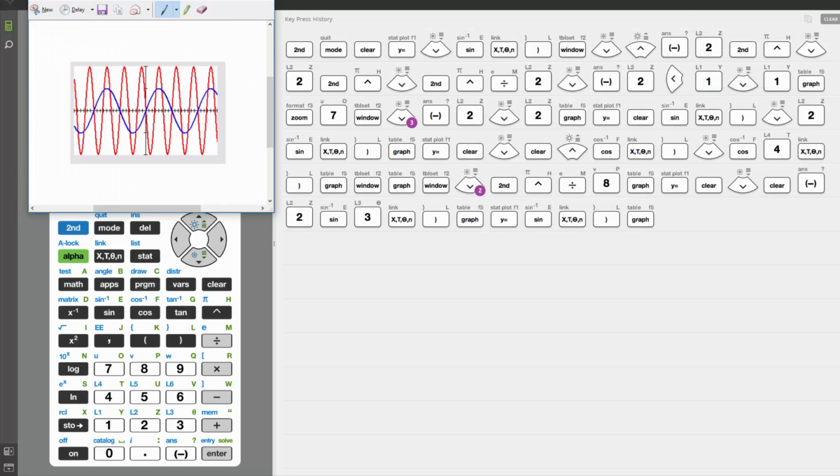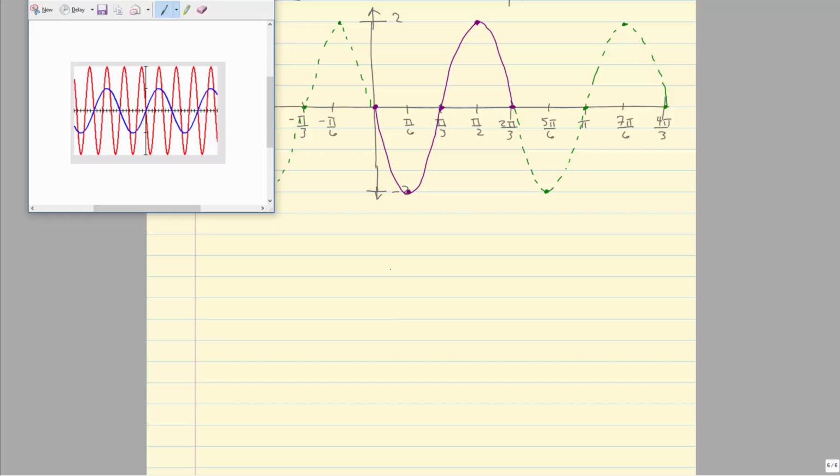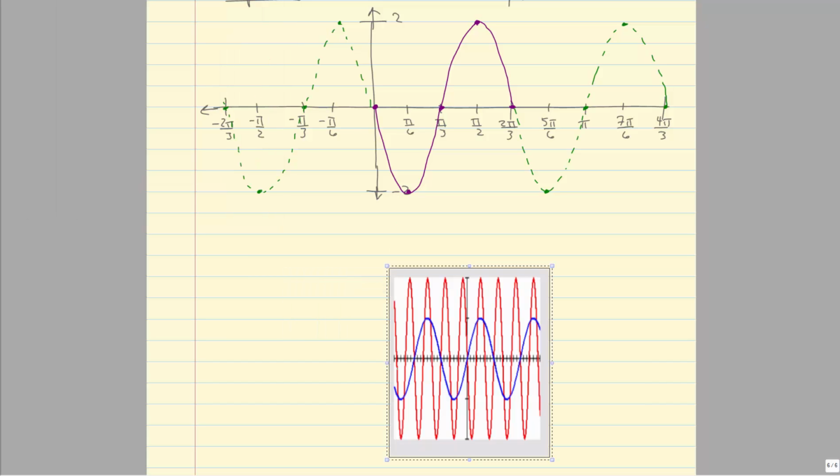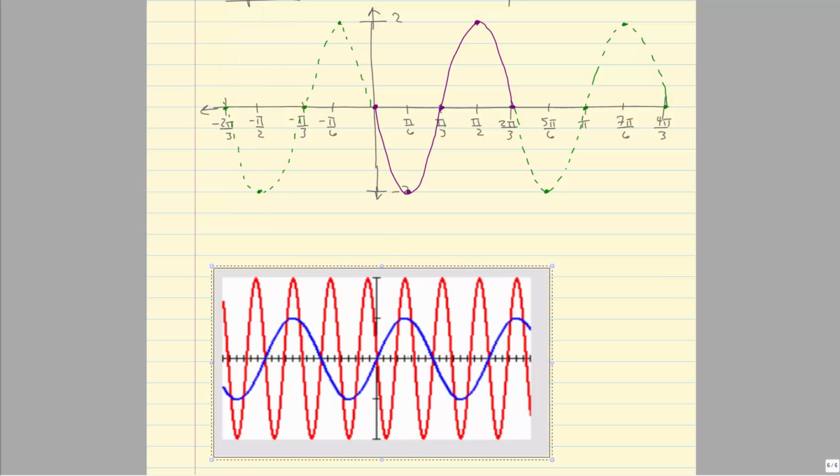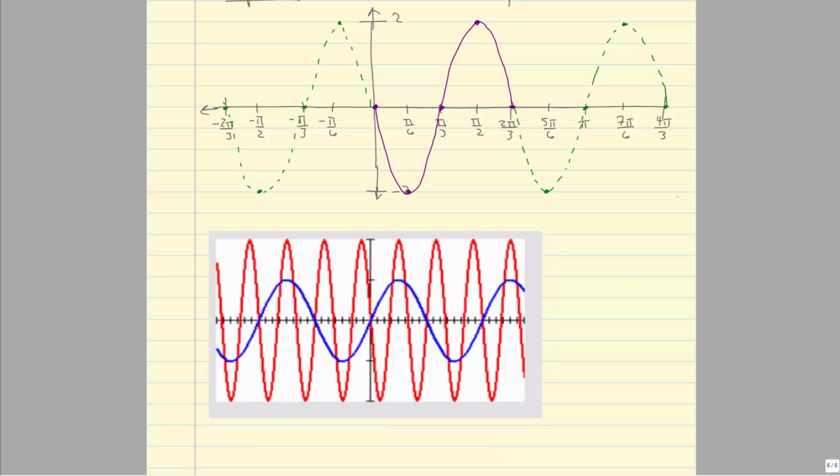And when you learn to graph these by hand, you learn a lot more than if you're just having the calculator do the work for you, because you don't understand the quarter points, the x-intercepts, etc. So our blue graph is equal to the sine of x. Our red graph is equal to negative 2 sine of 3x.